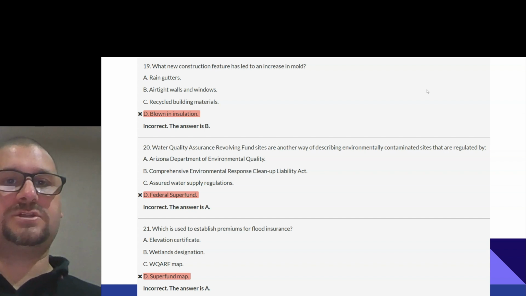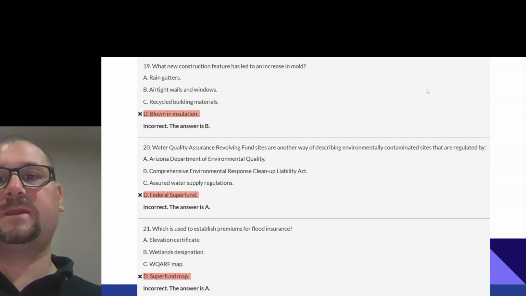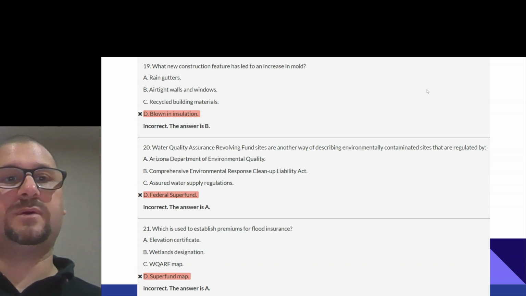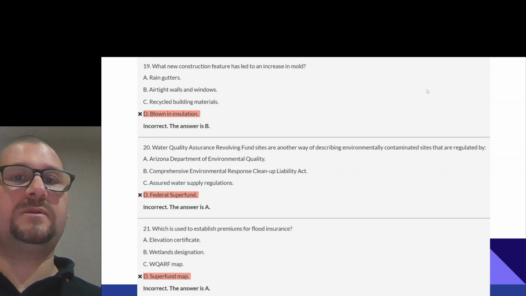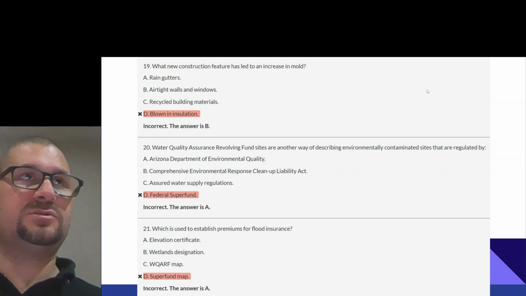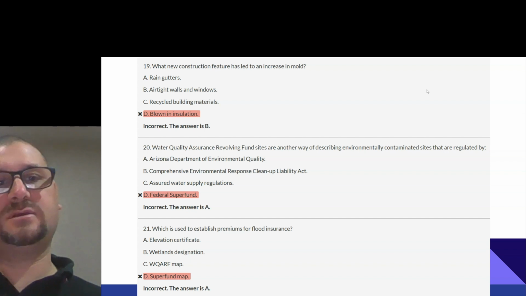Water Quality Assurance Revolving Fund sites are another way of describing environmentally contaminated sites that are regulated by who? Arizona Department of Environmental Quality, ADEQ. So WQARF sites are regulated by the Arizona Department of Environmental Quality.